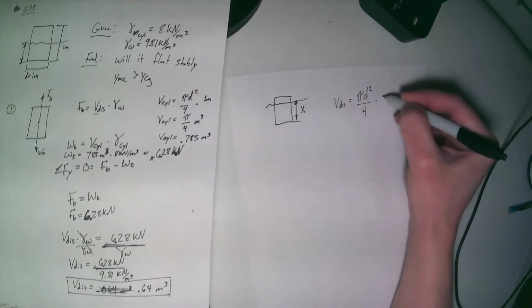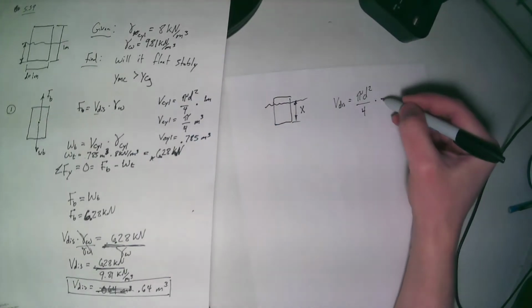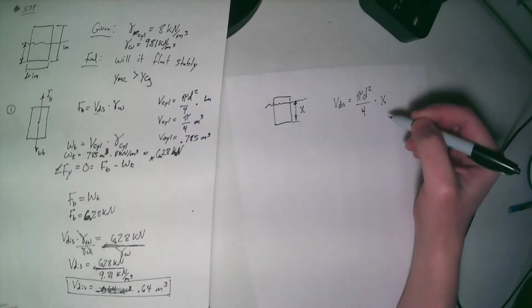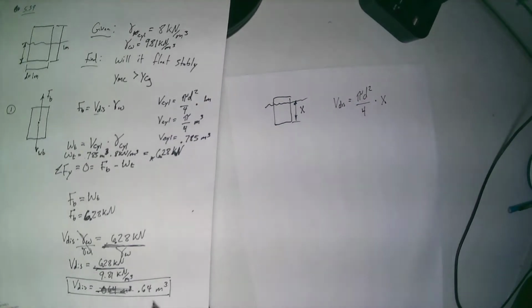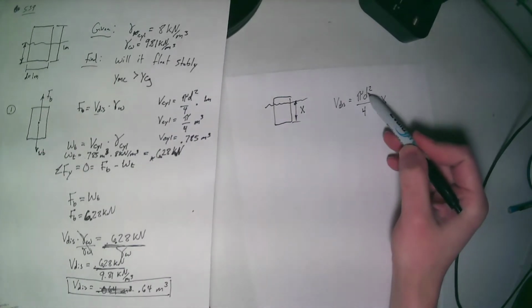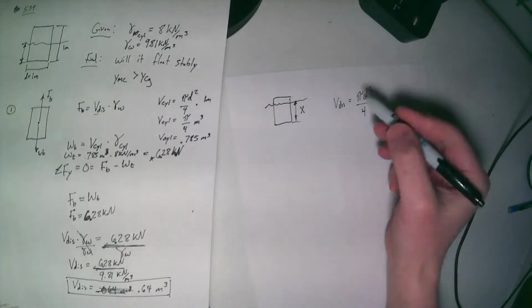The only difference is that instead of 1 meter to the top, we're only going to take the X, and we're going to solve for X here. So then we can plug in this 0.64 into volume displaced. Solve for X.